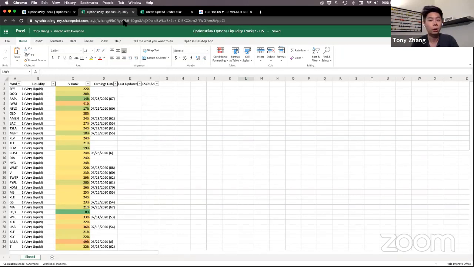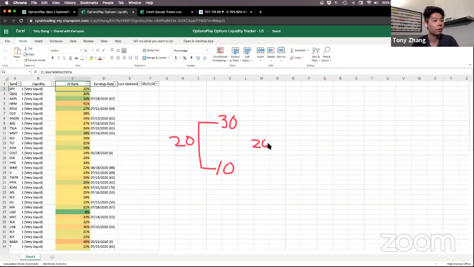What is IV rank and how do we apply it? IV rank is really just telling you where volatility is compared to the last year. So let's say the lowest SPY has ever been in terms of implied volatility is 10, and the high it's ever been is 30. That's a range of 20 points. So if today the implied volatility of SPY is at 20, that translates to an IV rank of 50%.